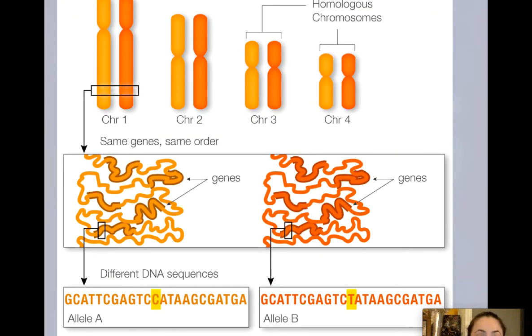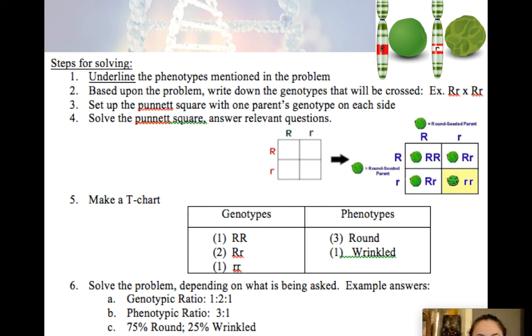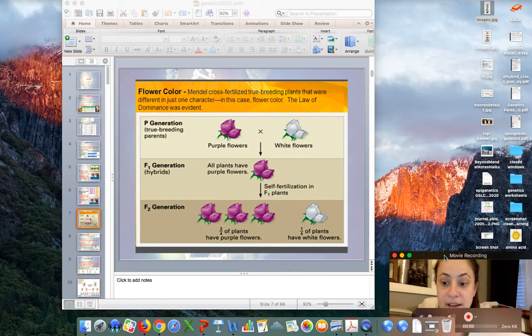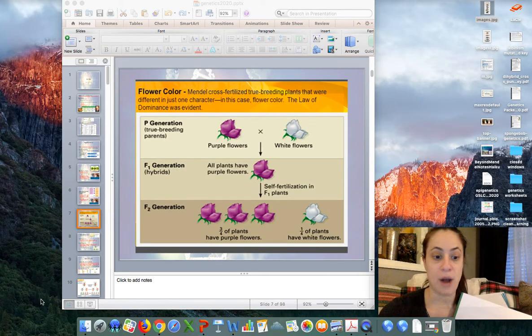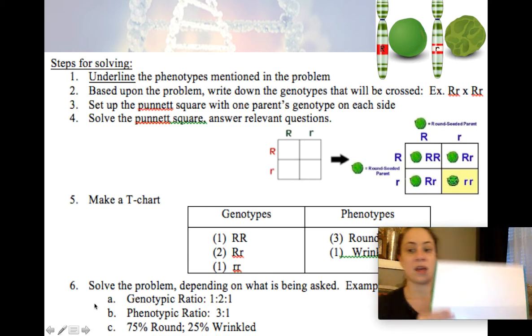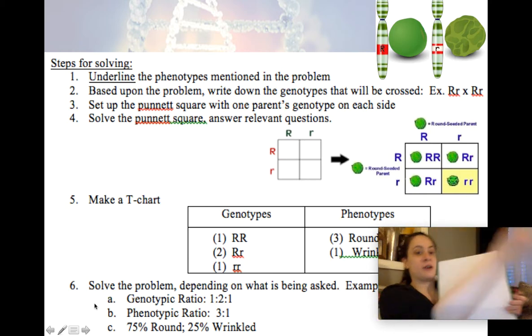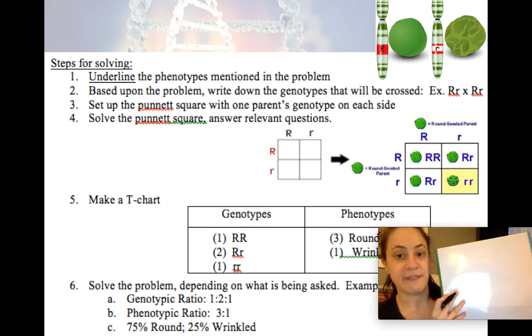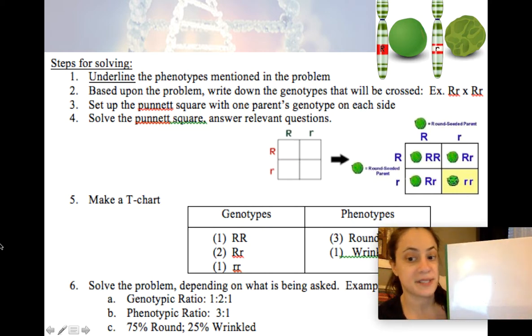Now, importantly, is the idea of problem solving. So here are some examples. So steps for problem solving: underline the phenotypes mentioned in the problem, step 1. Step 2, based upon the problem, write down the genotypes that would be crossed.